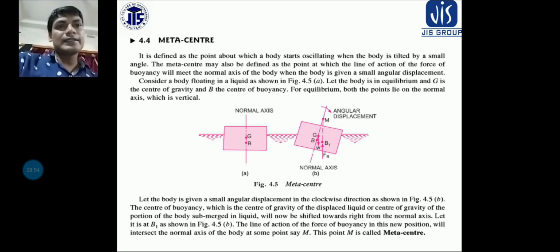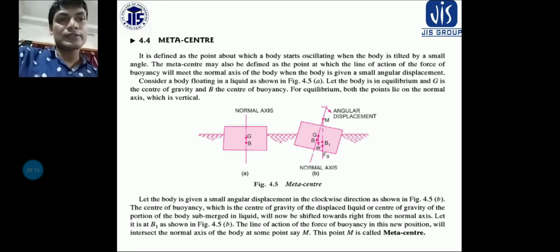If I apply some force on that body, you will see that the body is tilted, and with respect to some point the body is rotating or moving. That point is called the metacenter.